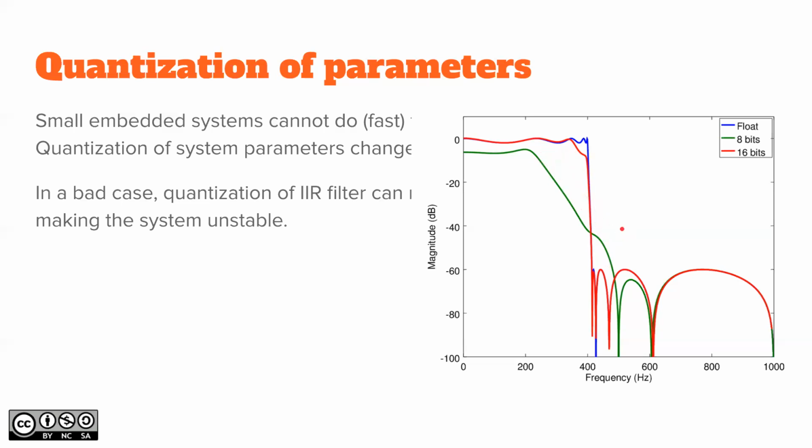It doesn't match the requirements anymore. That's what happens when you quantize the filter values, the coefficients. Maybe I should show you what it means right now. I think I need to draw you something.